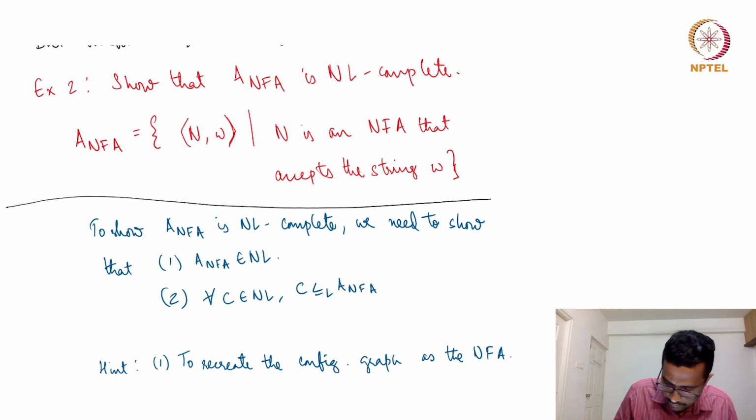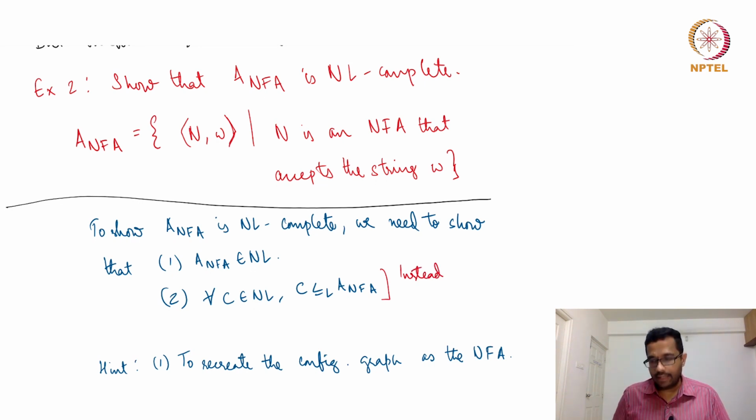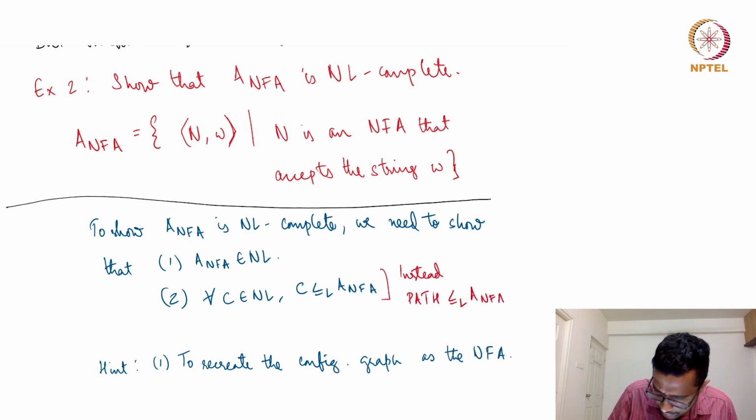So instead of this, what we will do is, since we already have an NL complete language, which is path, we will just do path reduces to ANFA. This is exactly the kind of thing that we did to show that, let's say, clique is NP complete, right?